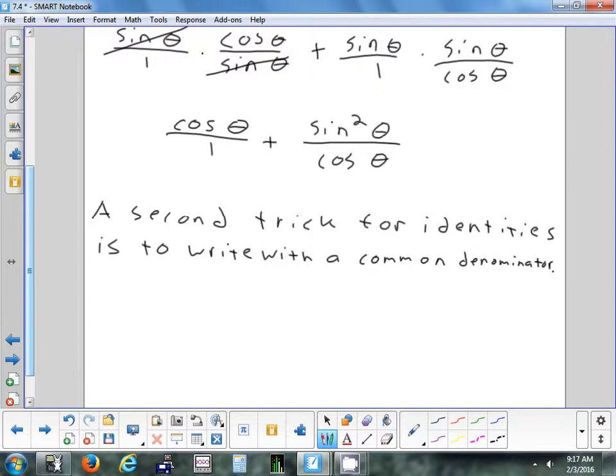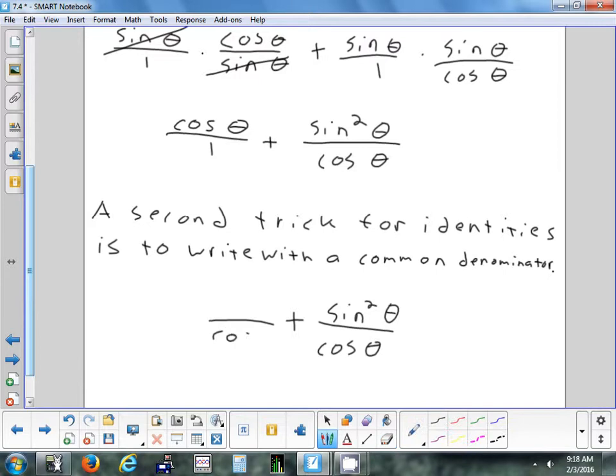All right, so what do you think my common denominator is going to be here? Cosine. The fraction on the right already has it, so don't change that one at all. What about the fraction on the left? What do I have to multiply top and bottom by to give that the common denominator of cosine?